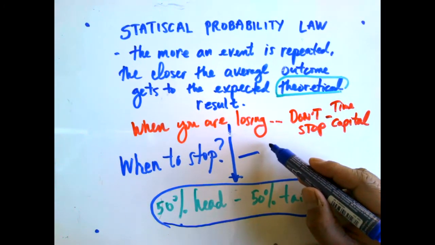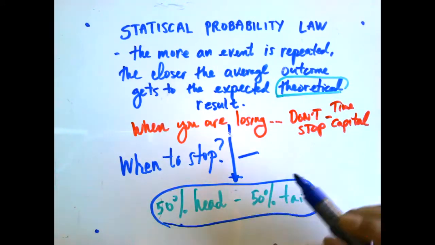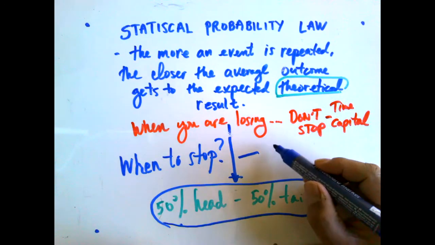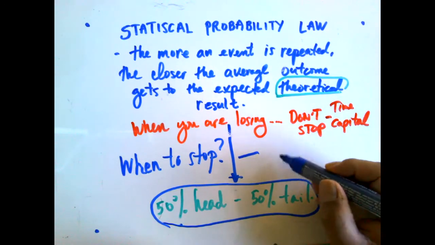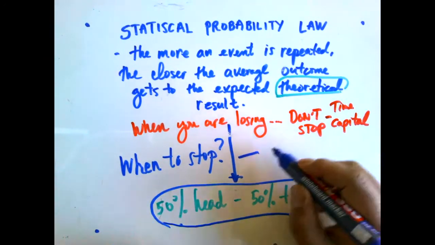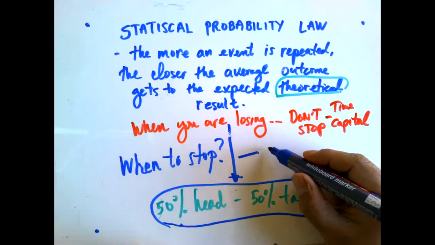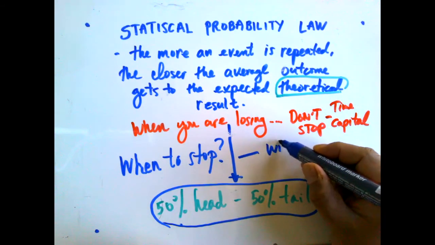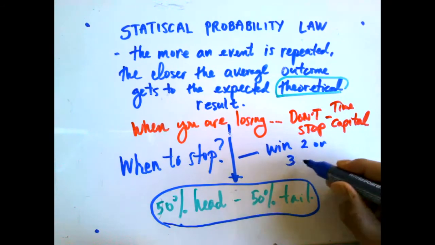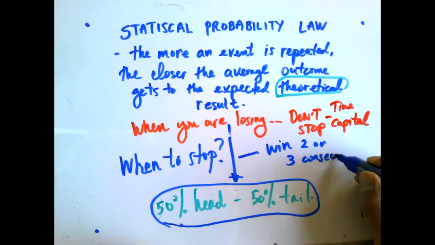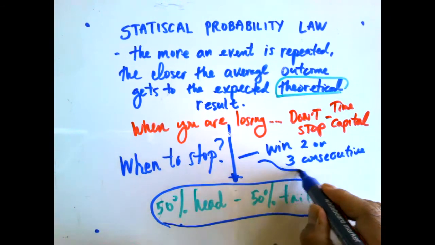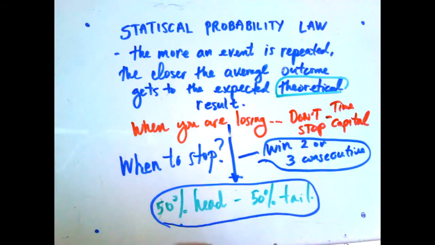For example, when you predicted it's going to be heads 2 or 3 times in a row, after that you stop, because that means you win 2 or 3 consecutive times. Because if you keep playing, it will likely balance it out.